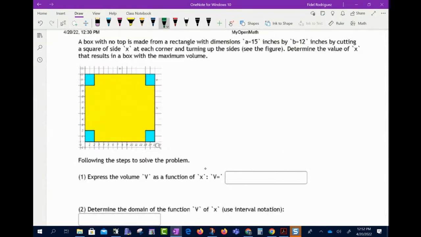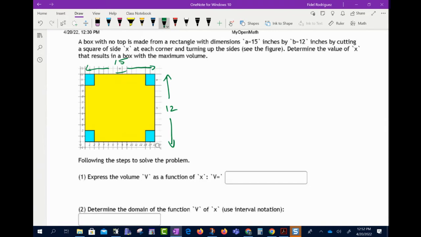And all they're telling me is the distance from here to here is the 15, because that's the A. I know they wrote it really small. And the distance from here to here is the 12, right?